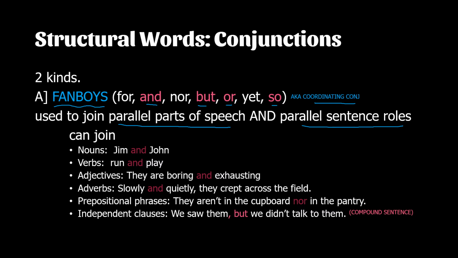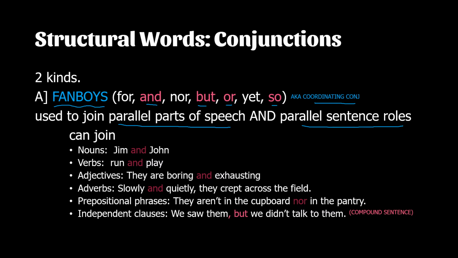So, for example here, I have Jim and John. So two nouns together form a compound noun group, or a noun phrase with compound nouns. The word compound means joined together. Verbs can also be made compound with coordinating conjunctions, such as run and play.